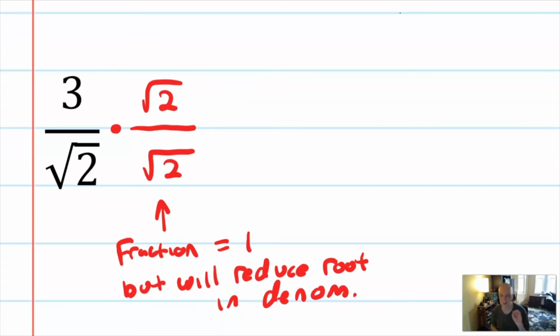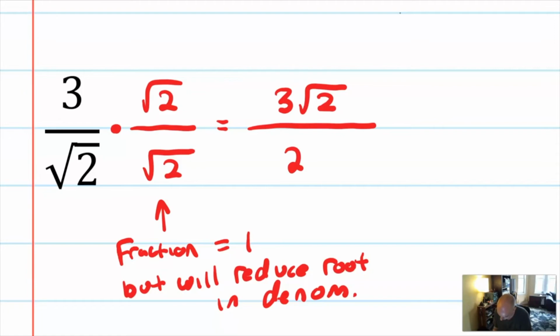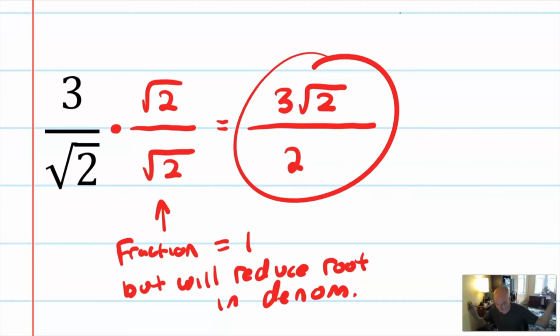And that's my goal. That's what I'm choosing to multiply by. So what happens here? Let's do the calculation. The top becomes 3 root 2. The bottom, root 2 and root 2, that becomes 2. And you end up with 3 root 2 over 2, which 3 and 2 are relatively prime, so that simplifies, and that's the answer.